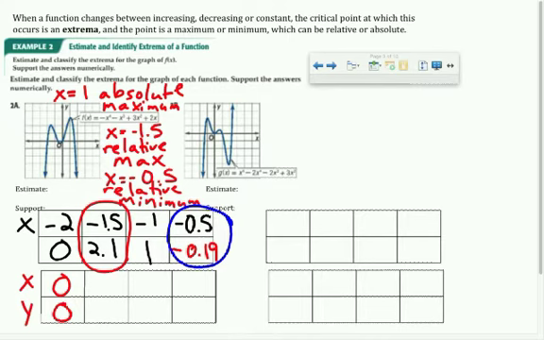That negative 0.19 is smaller than the two y values on either side of it. I have an absolute maximum at 1, so I'm going to check positive 0.5, positive 1, positive 1.5.